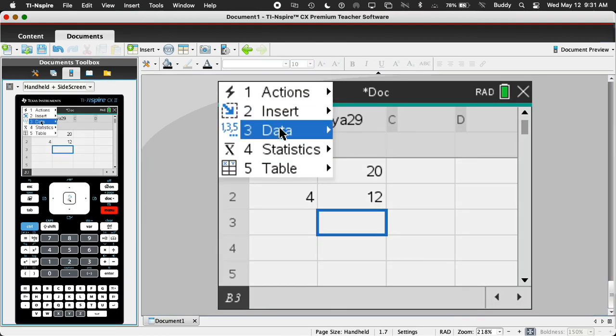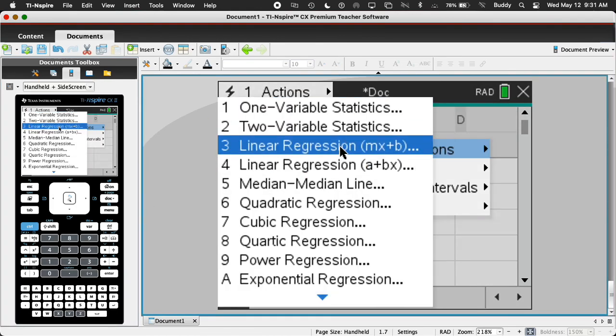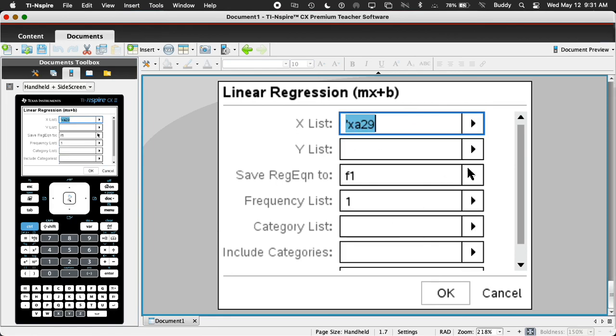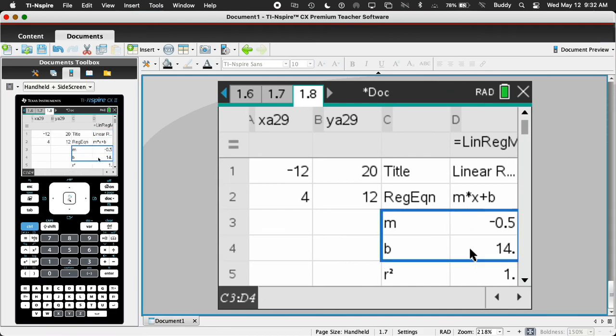Okay, and now I'll go ahead and run my regression. I will select, and here is my first equation. Y equals negative 1/2 x plus 14.